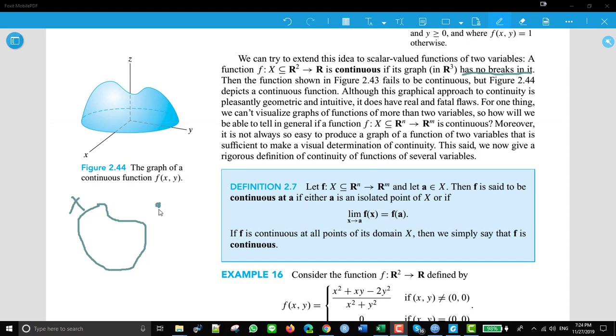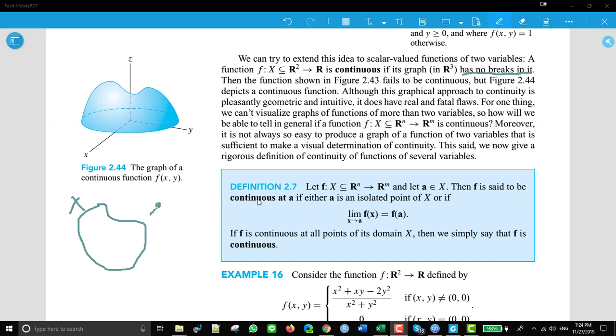So if we have an isolated point in the domain, then we're going to call it continuous at that point, because there's no way for it to not be continuous. For it to not be continuous, we'd have to be talking about the limit as we get closer and closer to this point. But we can't get closer and closer to this point because it's isolated. There's no path of points in x by which we could get close to this. So they're just saying, by default, we're going to call it continuous because we can't say it's not continuous there.